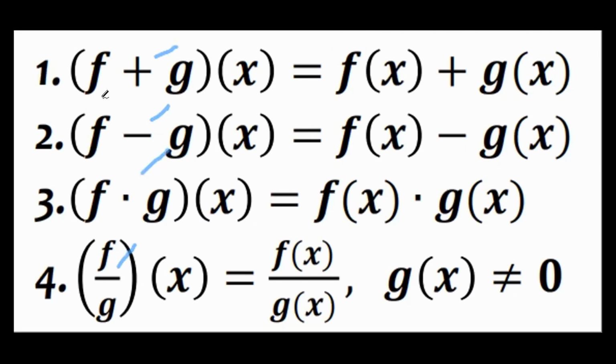The difference f minus g of x is equal to f of x minus g of x. And the product f times g of x is equal to f of x times g of x, while the quotient f over g of x is equal to f of x divided by g of x, where g of x should not be equal to 0.